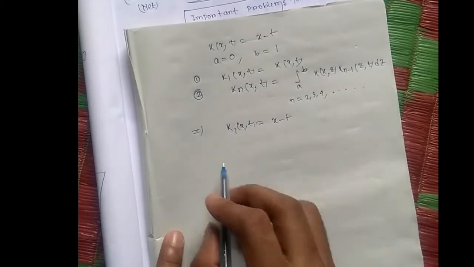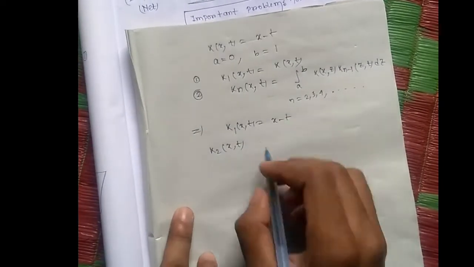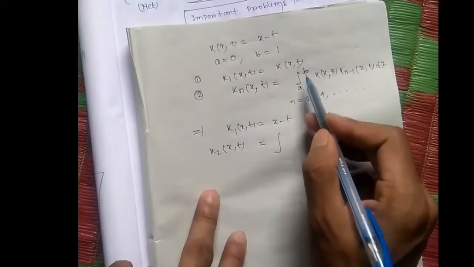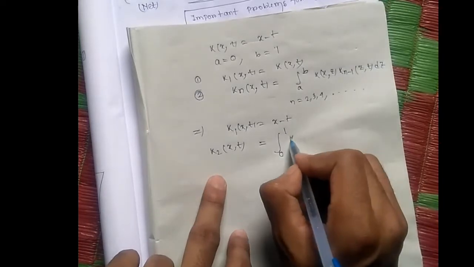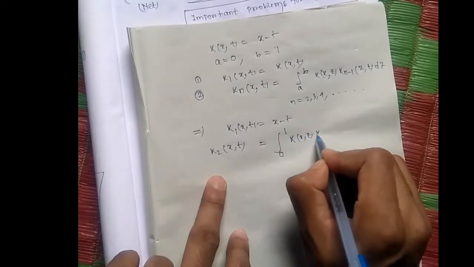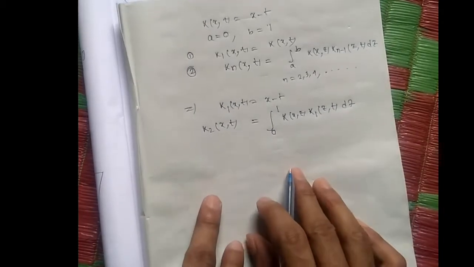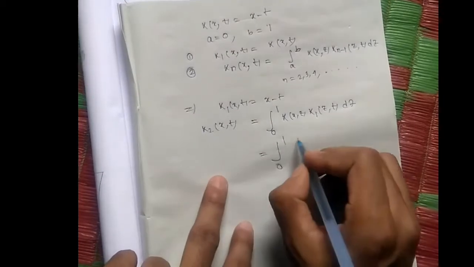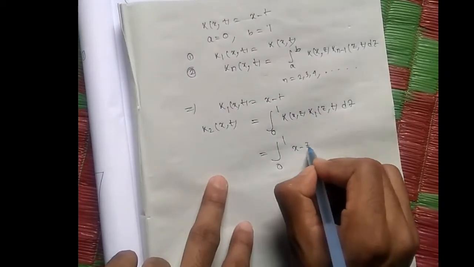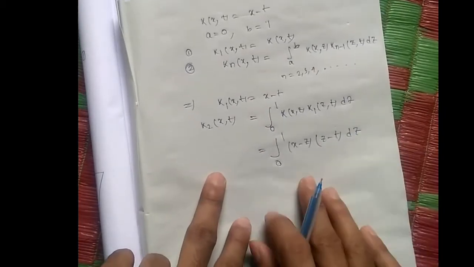Now K2(x,t) is the integration from a to b, so 0 to 1, of K(x,z) K1(z,t) dz. So this is the integration from 0 to 1 of (x minus z)(z minus t) dz.